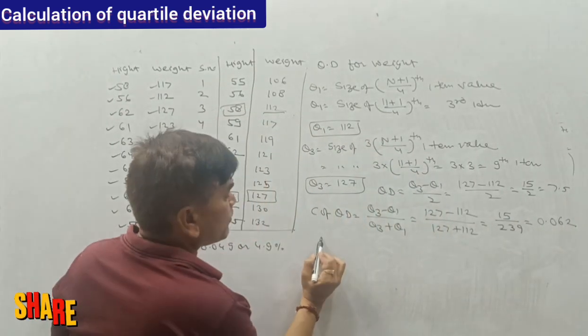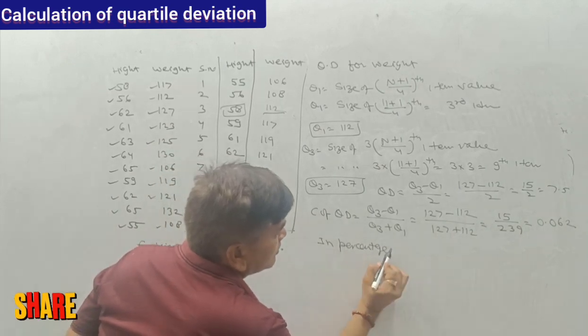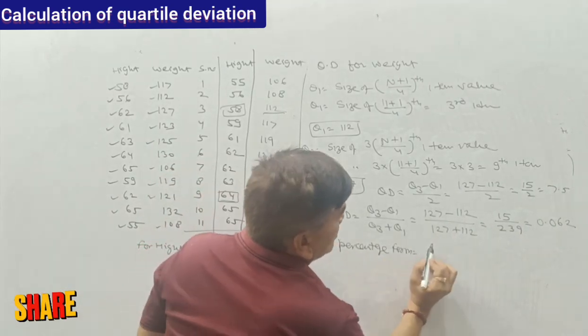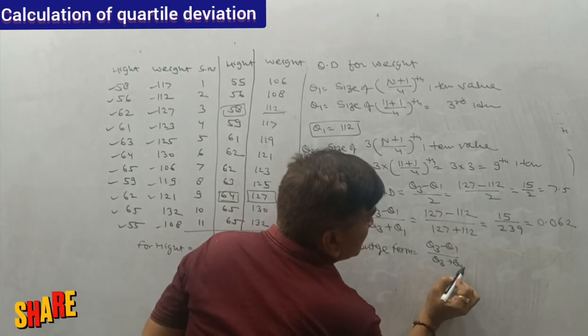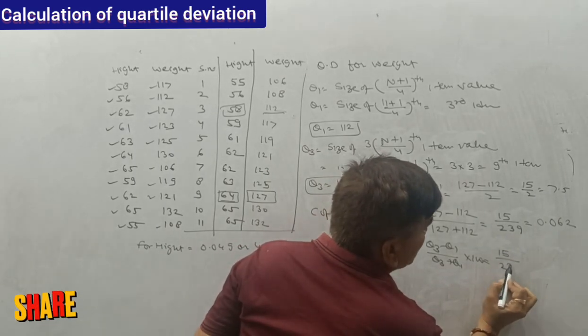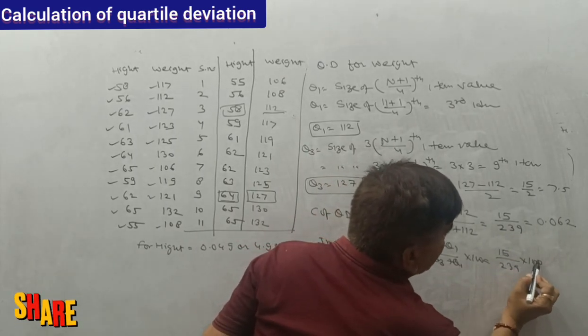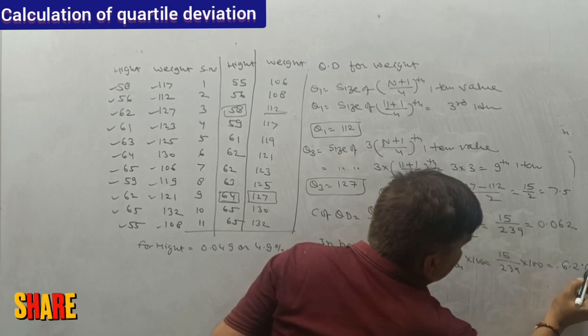In percentage form, Q3 minus Q1 upon Q3 plus Q1 multiplied by 100. So 15 upon 239 multiplied by 100, that will be 6.2%.